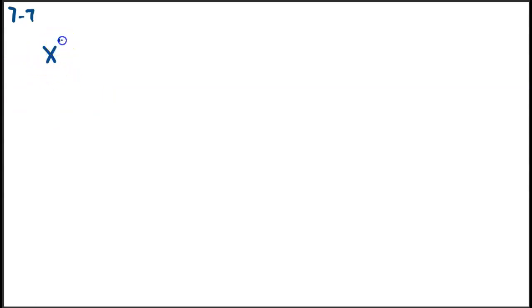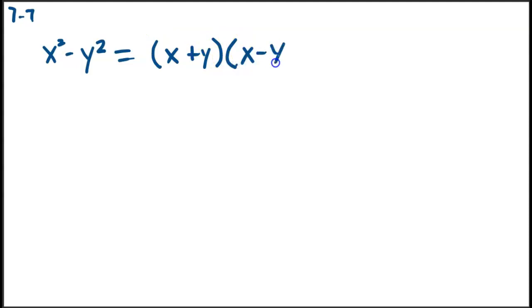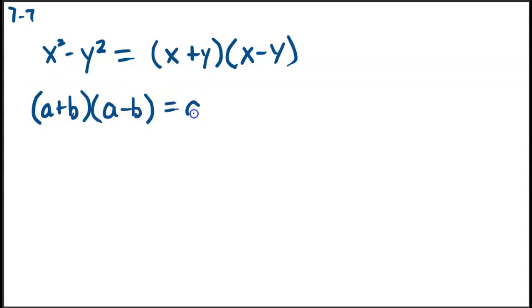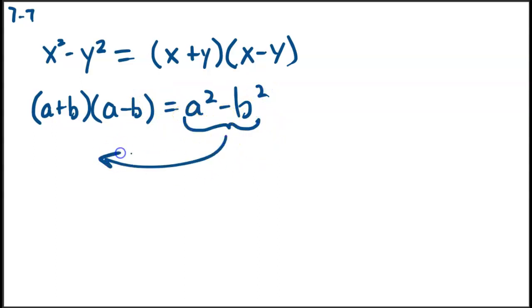You know, if you have x squared minus y squared, that equals what? X plus y times x minus y. Or, as said earlier on that same page that we're on, looking at example 3, at the beginning of the solution to example 2, they said if you have a plus b times a minus b, it equals a squared minus b squared, right? So now we're going to work this direction.